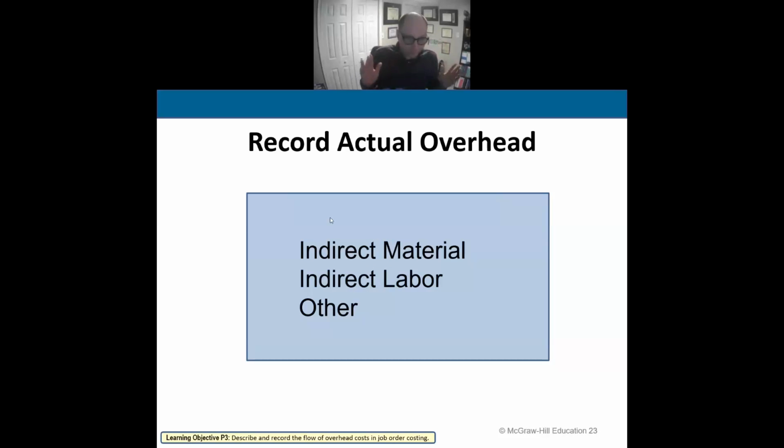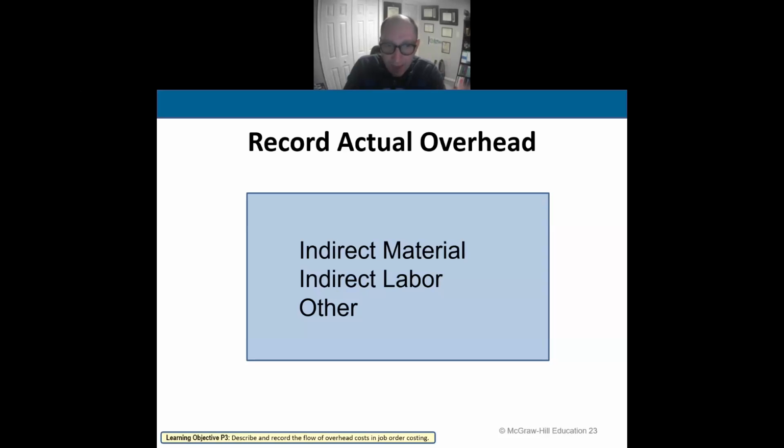Now, remember, that's an estimate. 1.6 or 160%, that's an estimate. Because before we started the accounting period, we estimated what our total overhead is going to be. We also estimated what our activity base is going to be. So because it's an estimate, we need to then make adjustments based off of the actual overhead.